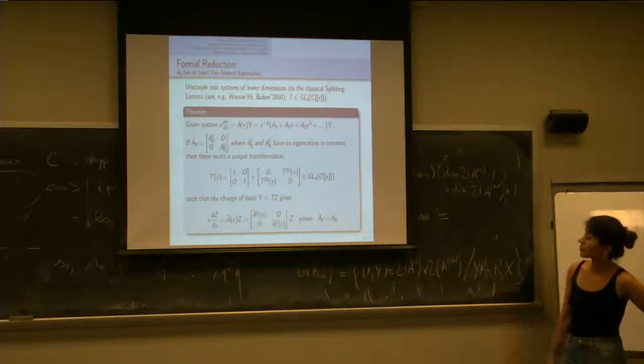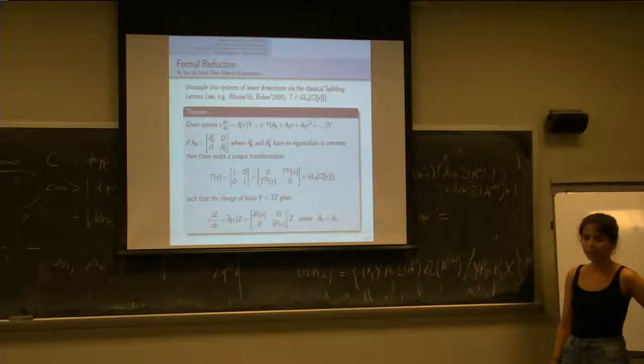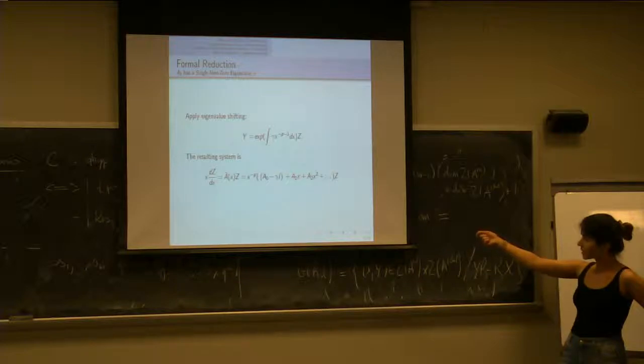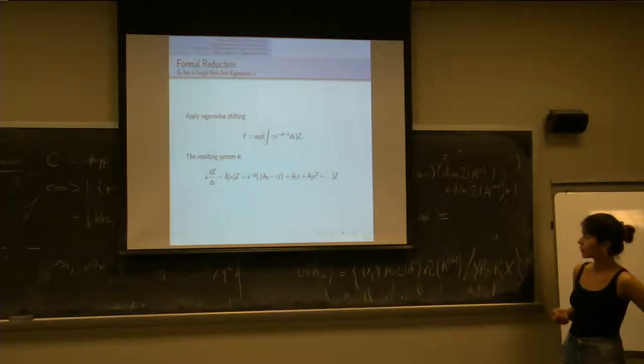And now we can assume without loss of generality that A0 has a unique eigenvalue gamma. And in this case, we can apply the so-called eigenvalue shifting. The only effect of this shifting is that it shifts the leading coefficient matrix A0 by gamma I, and so now the leading coefficient matrix of the resulting system is nilpotent.